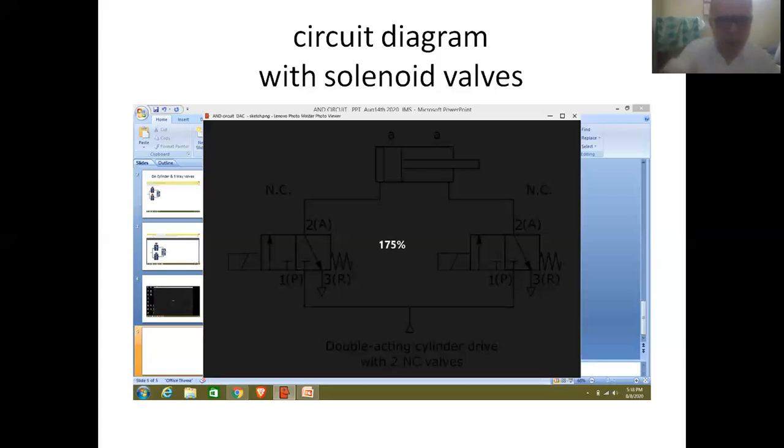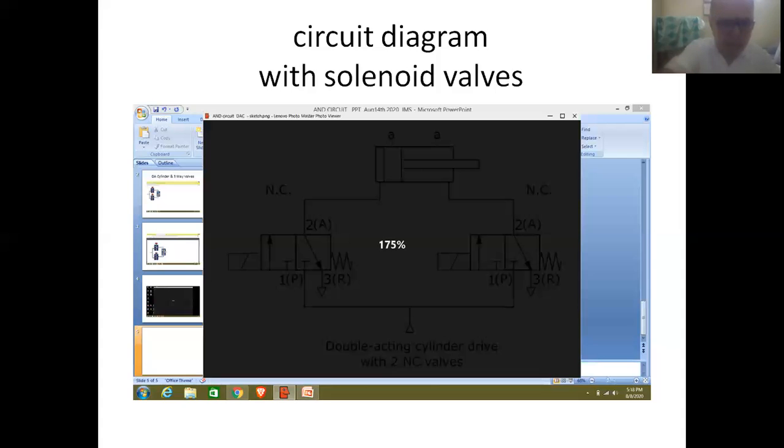This is the passage through which fluid is entering the valve, that is from the supply source. Therefore, it's called the inlet port. And this is the passage through which the fluid is supplied into the cylinder. That's why it's called the outlet port.